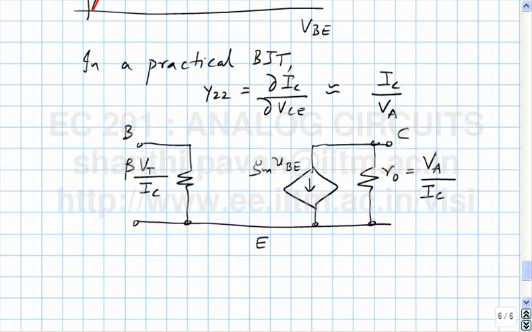Fundamentally, the collector current is the effect and the base emitter voltage is the cause. And just like in a MOS transistor where the drain current is the effect and the gate source voltage is the cause, here the collector current is the effect and the base emitter voltage is the cause.